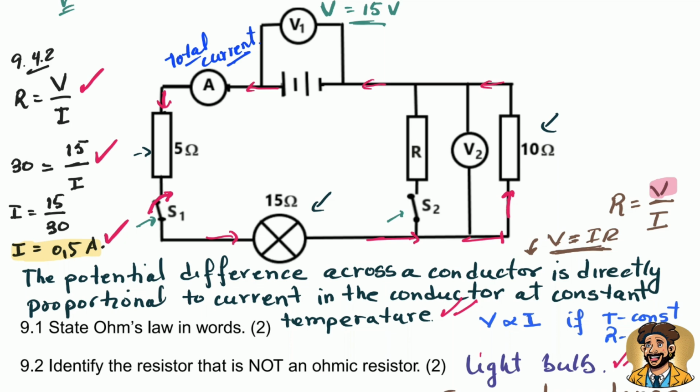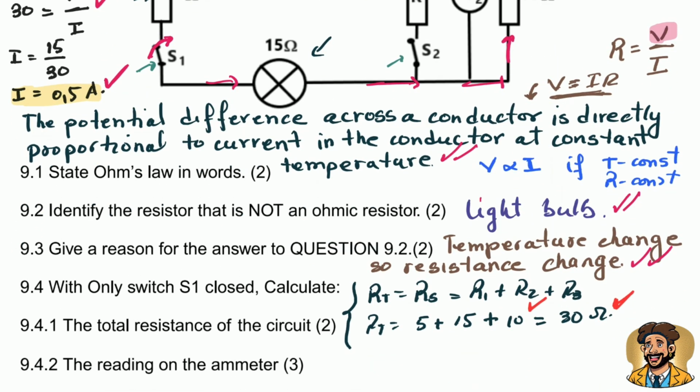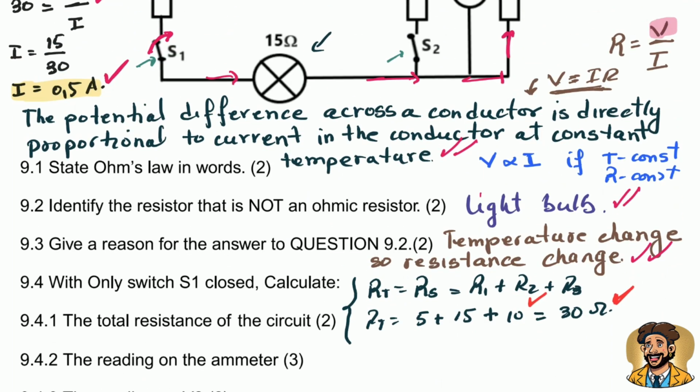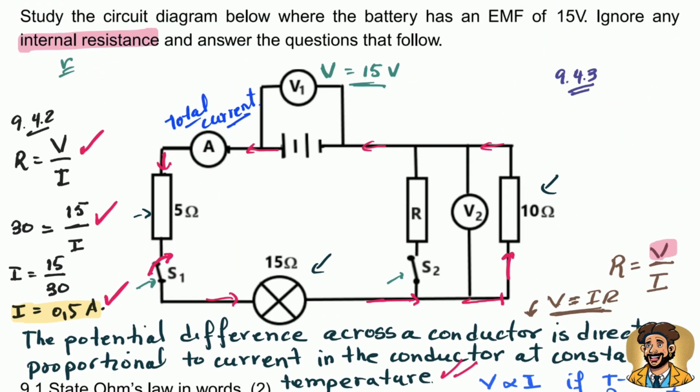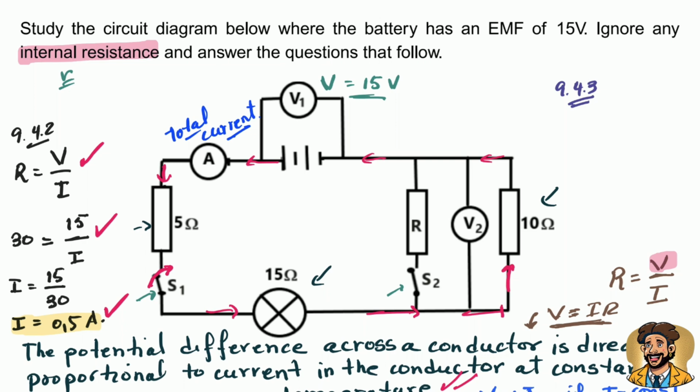And once more, we have to use Ohm's law, but we are going to rearrange eventually, and that's it. Now here, this one is question 9.4.3. Now they say calculate the reading of V2, that is the potential difference for the 10 ohm resistor, as I just said. So what we are going to do, let me move this one a little bit there, we are going to calculate potential difference using Ohm's law.